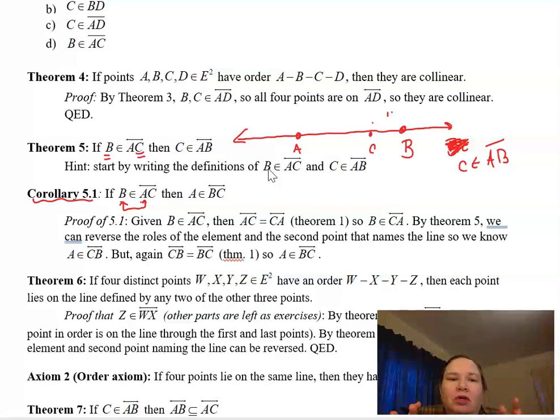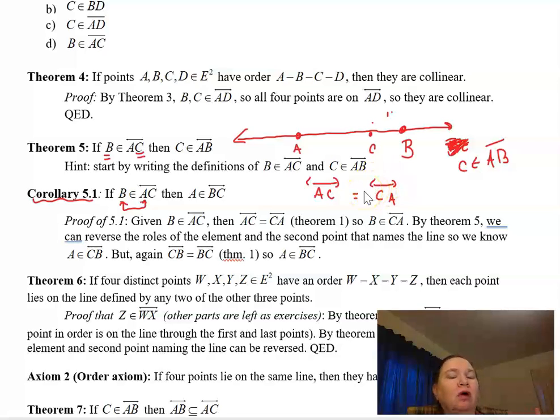So theorem 1c says if I write AC as a line, well, that's the same line as if I just switch the order of A and C in that name.